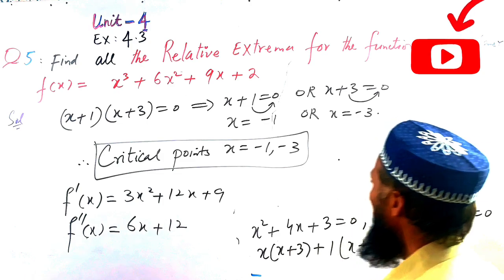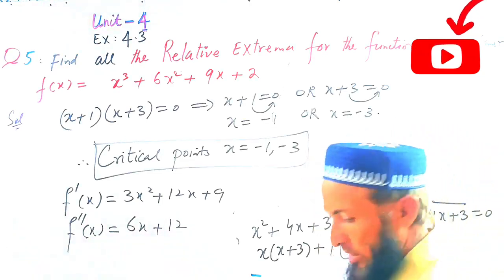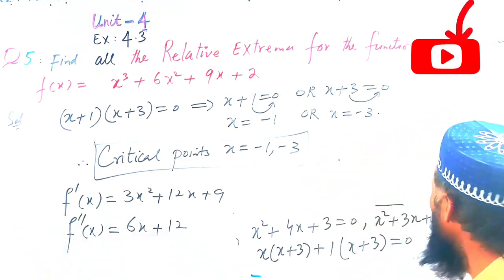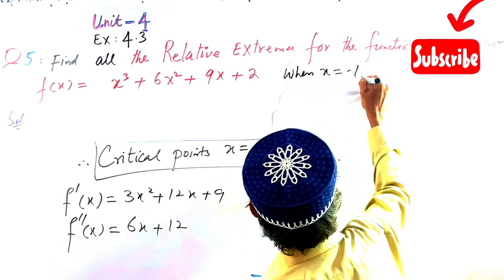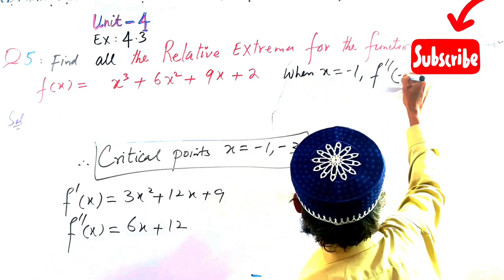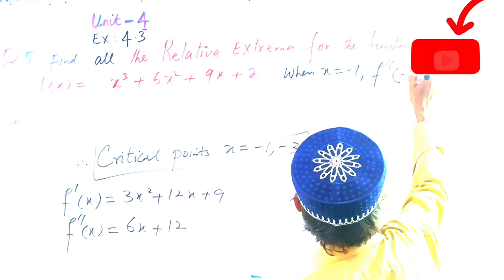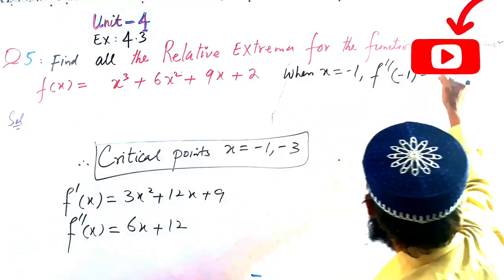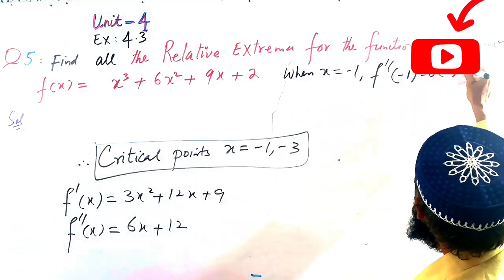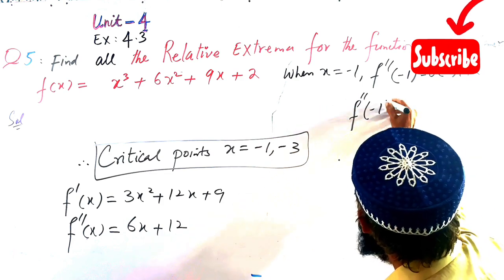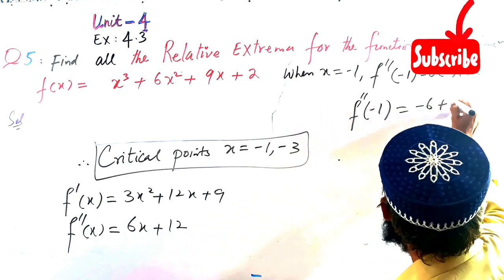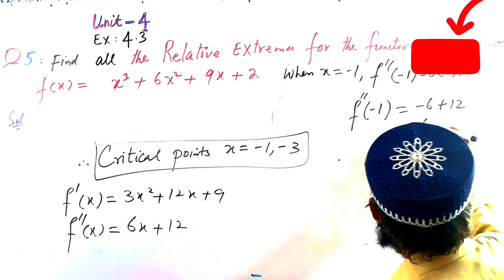Now we apply the critical points. When x is equal to minus 1, f double dash of minus 1 is equal to 6 into minus 1 plus 12, that is minus 6 plus 12, which is 6.